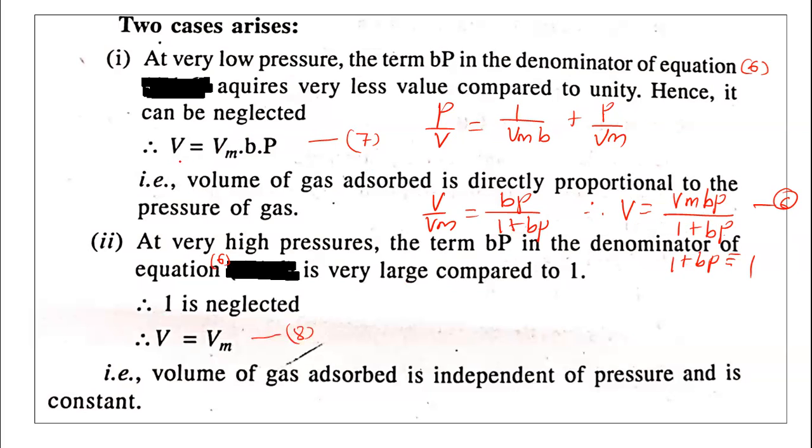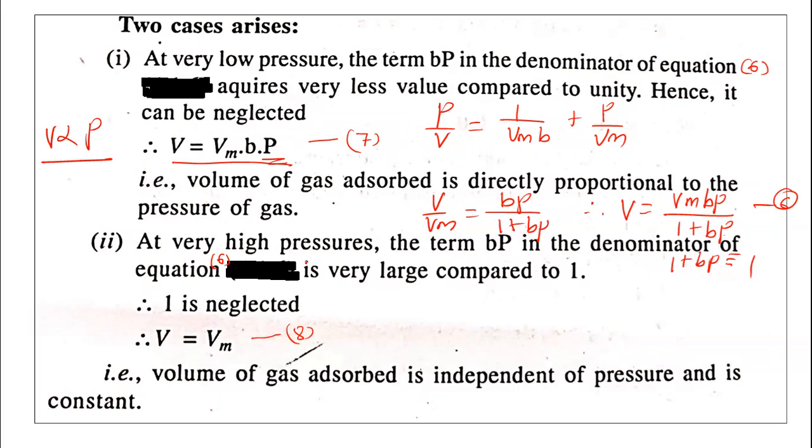So we can write V equal to Vm into B into P. This is equation 7. V, the volume of the gas adsorbed, is directly proportional to the pressure of the gas at very low pressure.